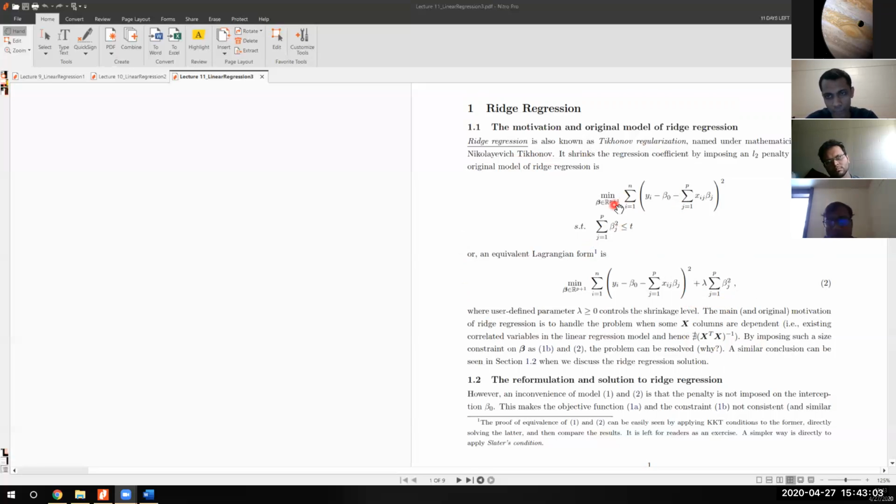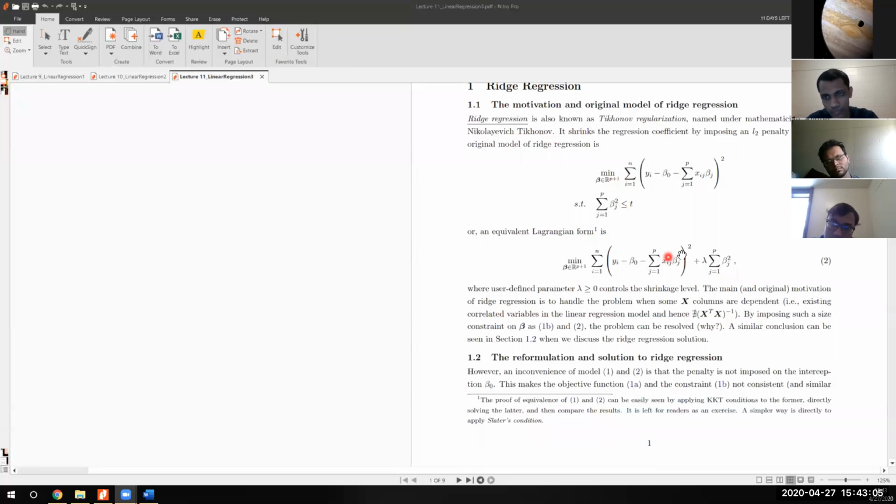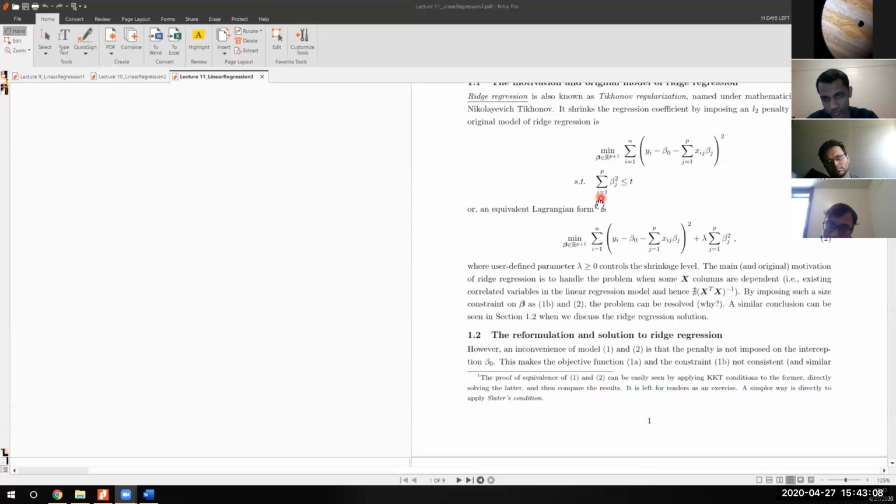Okay, then remember, as we just mentioned, that here the penalty part, the j starts from 1, and here the same. But the real beta is a p plus 1 dimensional vector. If that is the case, you cannot simply write this part to be the norm of beta, or let's say a compact way.